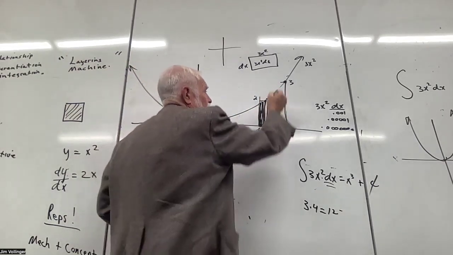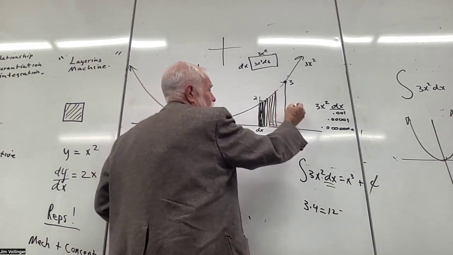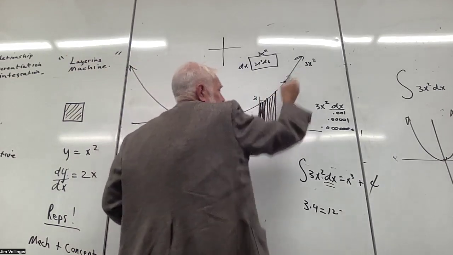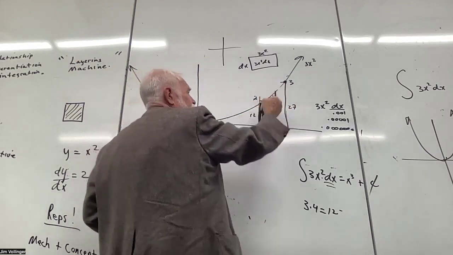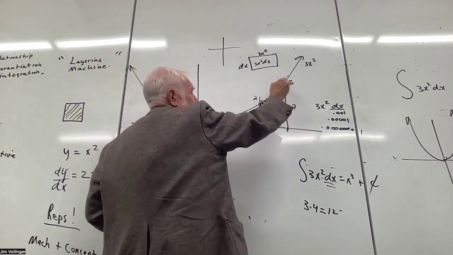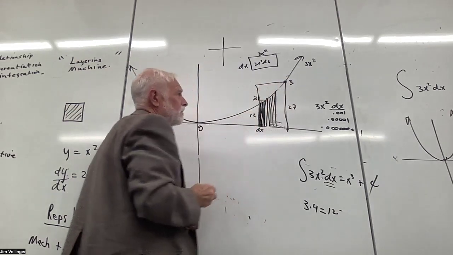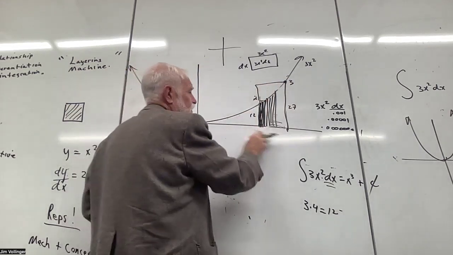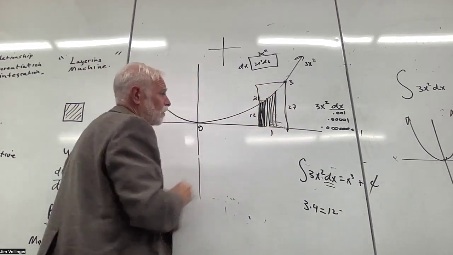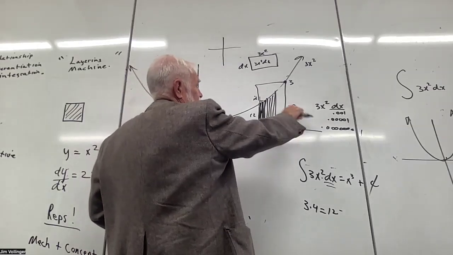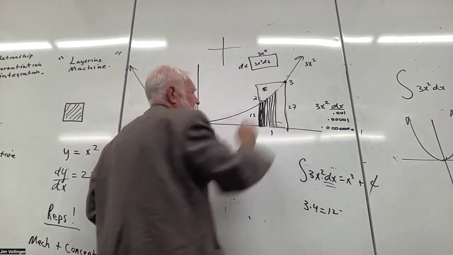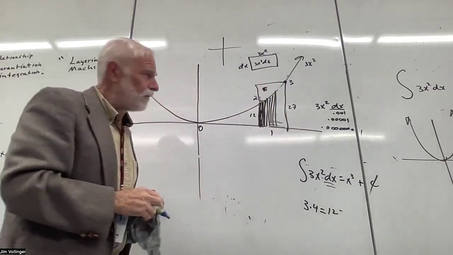It's going up to a height of 27 over here. 3 squared times 3 is 27, and 2 squared times 3 is 12. I get a rectangle from 2 to 3, 1 unit going to the right, and 1 times 27 is 27, but there's a lot of error in thinking that way, right?